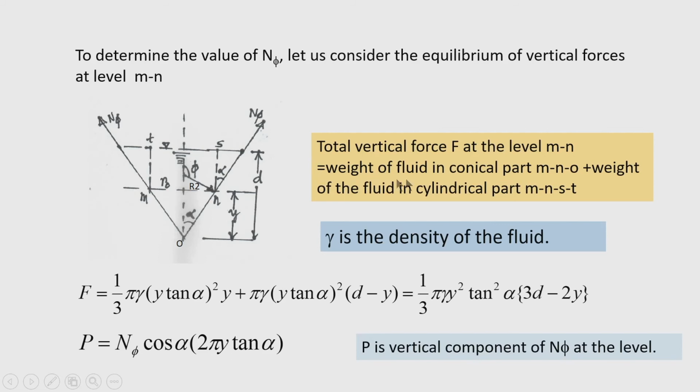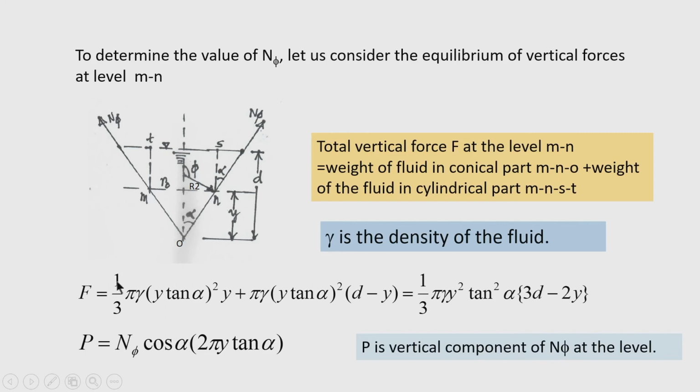So, that means the weight of the fluid in conical part M N O plus the weight of the fluid in cylindrical part, that is M N S T. Gamma is the density of the fluid.